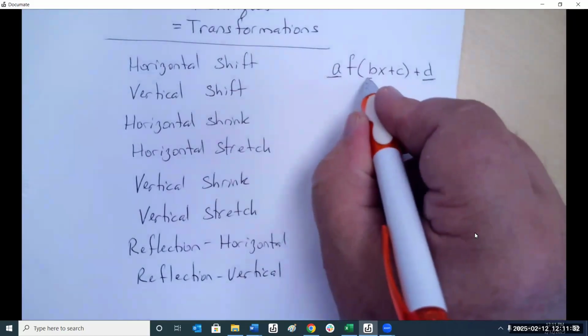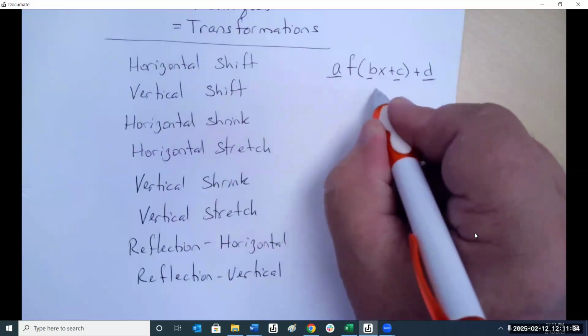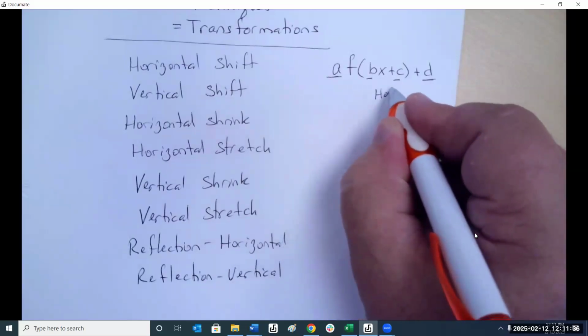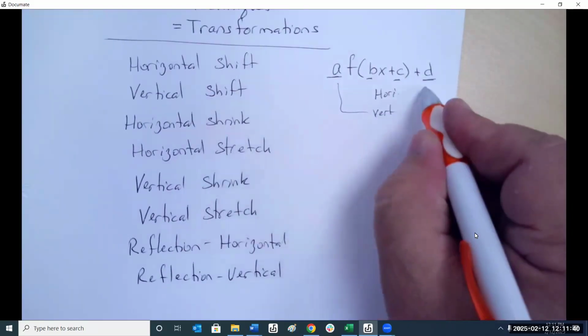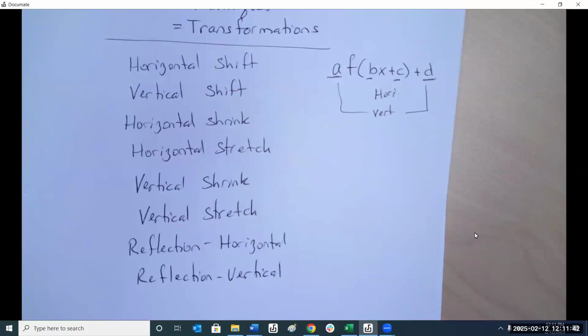Anything that happens inside is horizontal. Whatever happens inside is opposite of what it looks like.